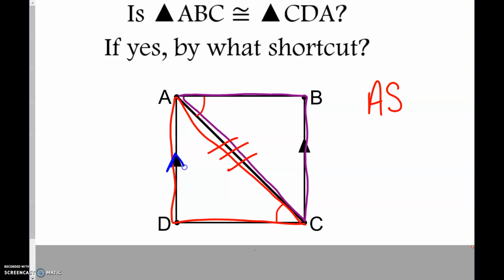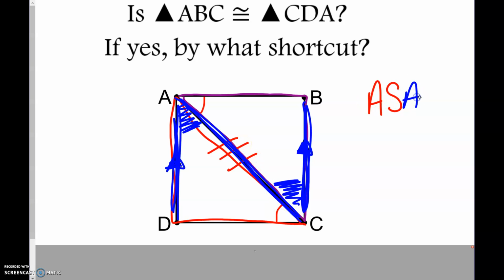They tell us that we have parallel lines. So if we have this line parallel to this line and it has a transversal, can't we say that this angle right here is congruent to this angle right here? So it looks like we have angle, side, angle. So these 2 triangles are congruent by angle, side, angle.